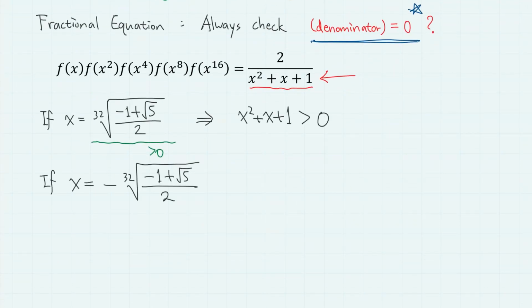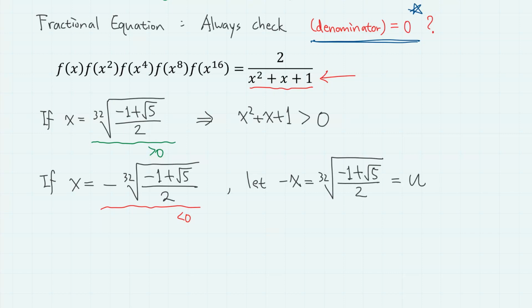What about the negative real root? If x has this value, then we can simply let minus x, which is this value, be u. Then we use the fact that our new variable u is positive. In this case, x squared plus x plus 1 equals minus u squared plus minus u plus 1, so u squared minus u plus 1.